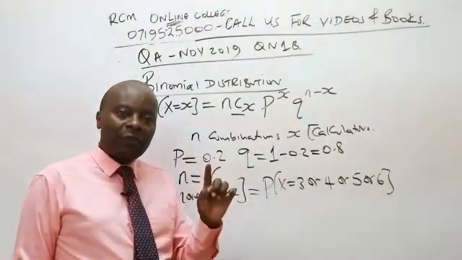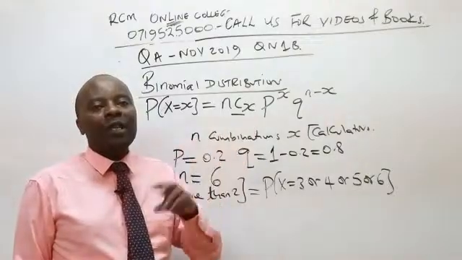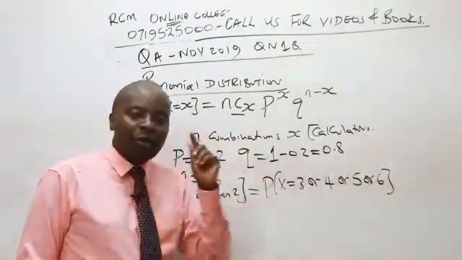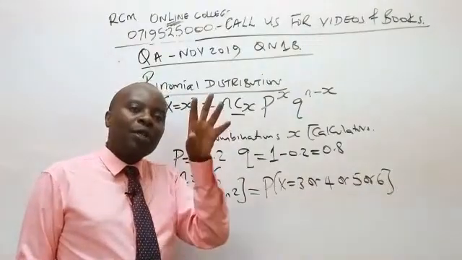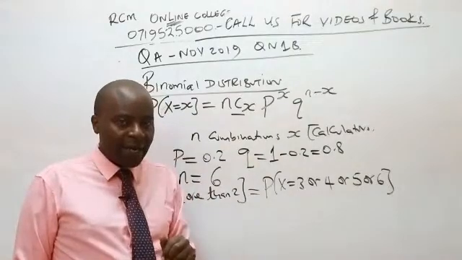If they are collectively exhaustive, when you add all the events from probability of X equal to 0 all the way to probability of X equal to 6, they must sum up to 1.